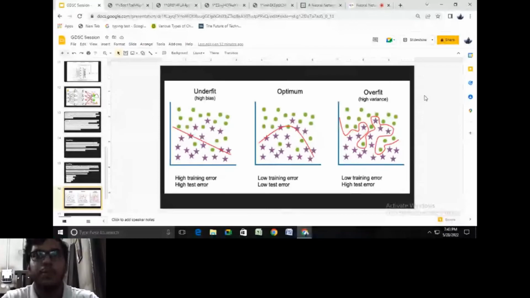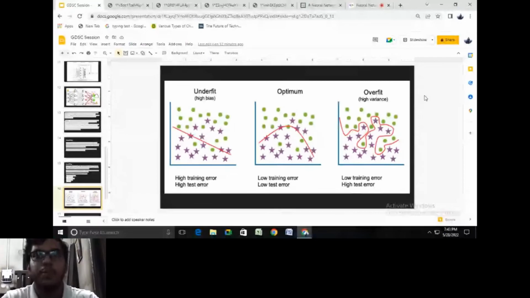This is a graph showing underfitting versus overfitting. Here we see that as the number of epochs is increasing, for a model which is underfitting, the training error will be high as well as the testing error will be high.